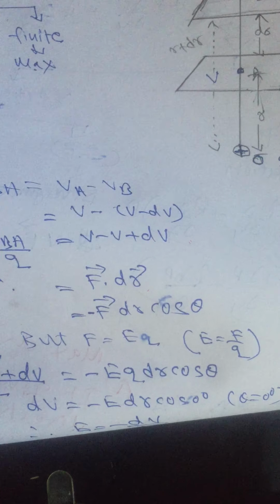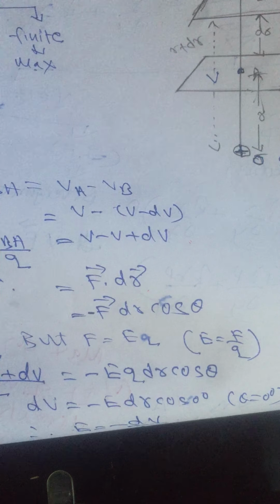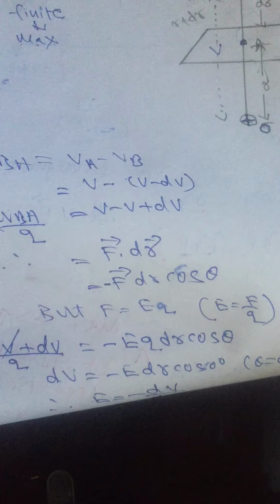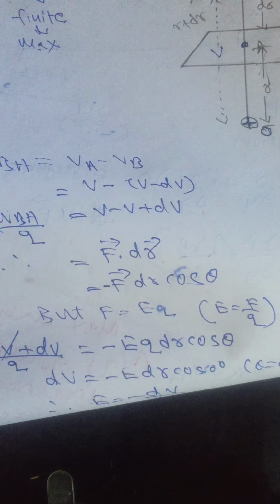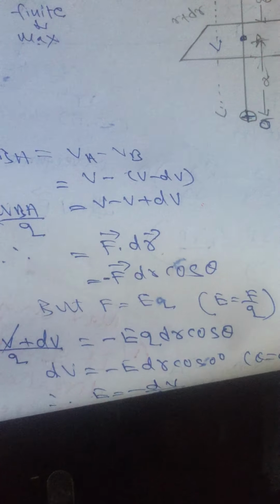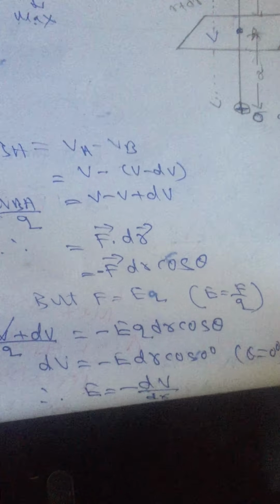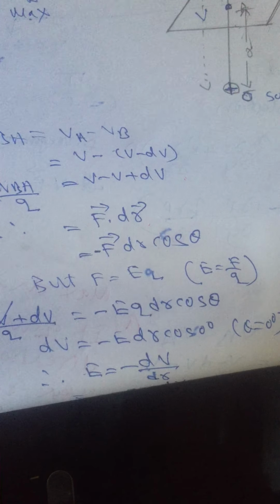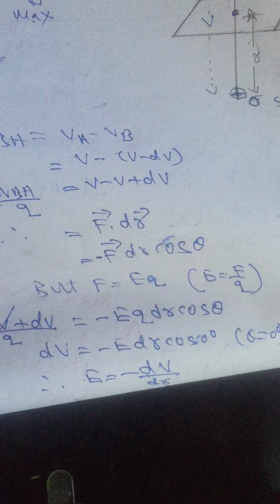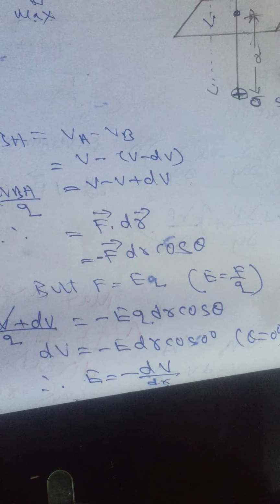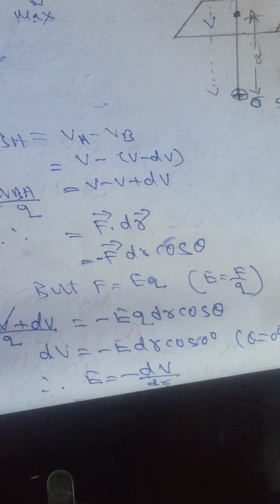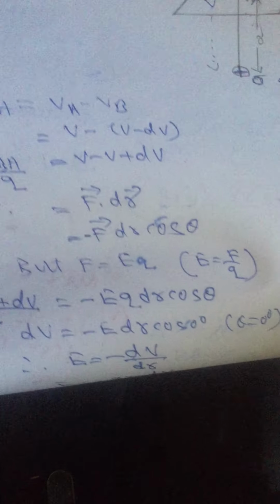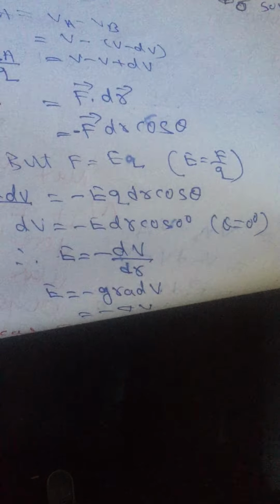As you know, electric intensity is equal to the force experienced by a unit positive charge, that is F by Q. Substituting here, that is minus EQ dr cos theta, where theta is equal to 0 degrees. So naturally, per unit charge, Q gets cancelled, dV is equal to minus E dr cos 0. Cos 0 is 1, so E is equal to minus dV by dr. Or you may write E is equal to minus gradient V, or minus del V.